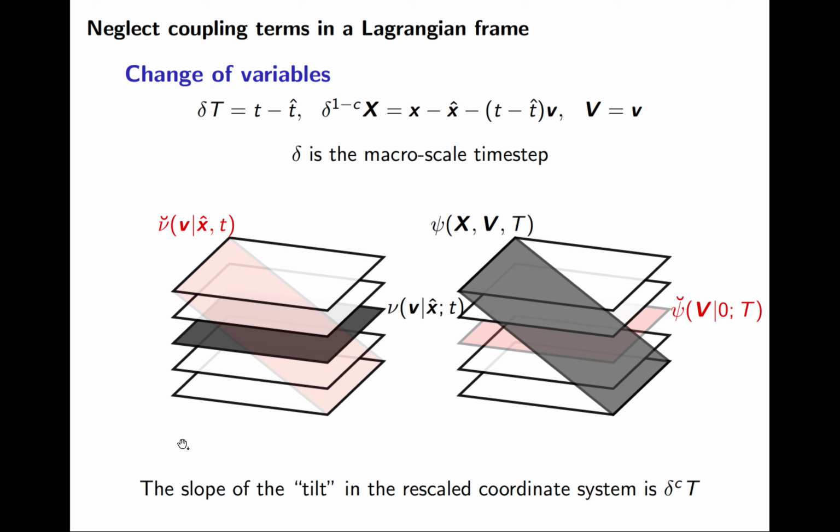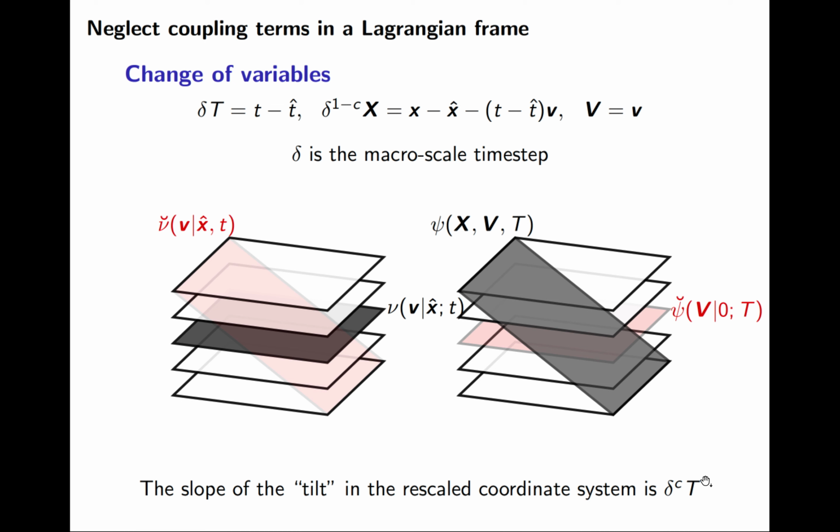And the error that we've incurred because of neglecting the coupling terms is somehow related to the slope of this plane, right? So if we had no slope, then we'd have no approximation. And what we can show is that the tilt in this plane in the rescaled coordinate system is actually equal to this quantity here, delta to the c times t.